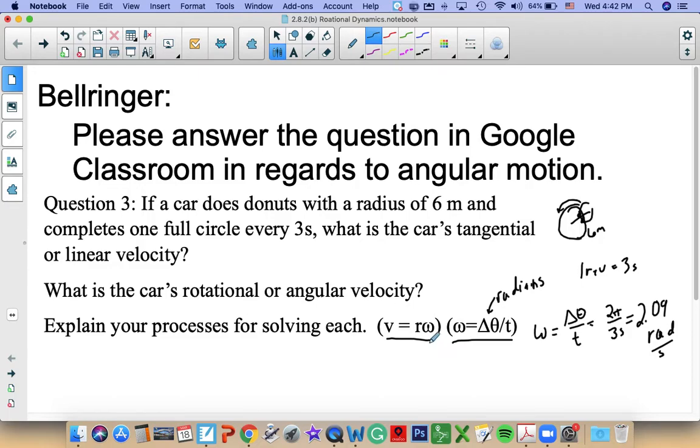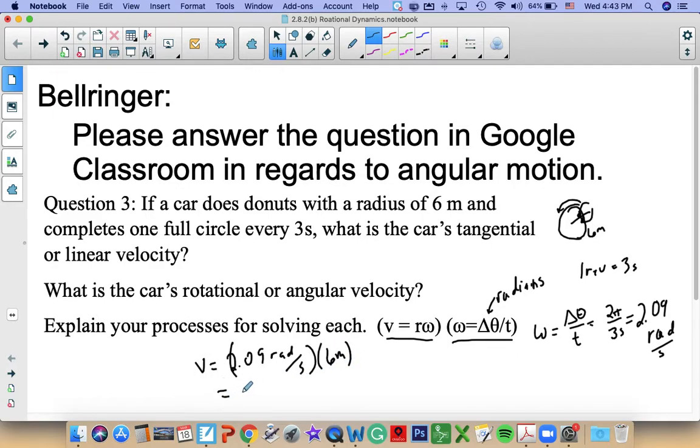So we're going to turn our angular velocity into a linear velocity. That is 2.09. I got the order messed up a little bit here, let's just go with it. That's my angular velocity, and we have a radius of 6 meters.